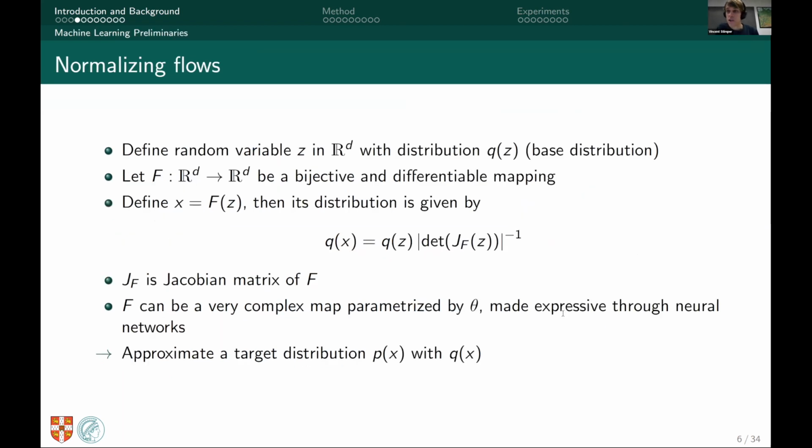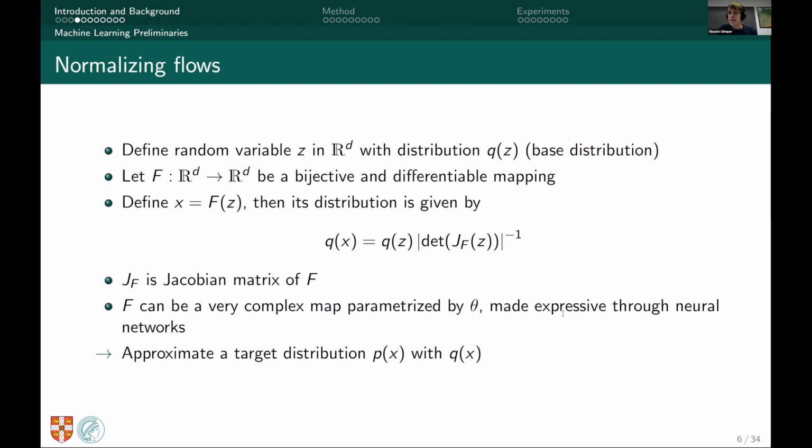Okay, let's clarify some terminology that I already used. So what is a normalizing flow? For people that don't know, let's consider we define a random variable z in the d-dimensional space, which follows some distribution, usually a simple distribution such as a Gaussian, and this is called the base distribution. Let's further assume that we have a bijective and differentiable mapping f.